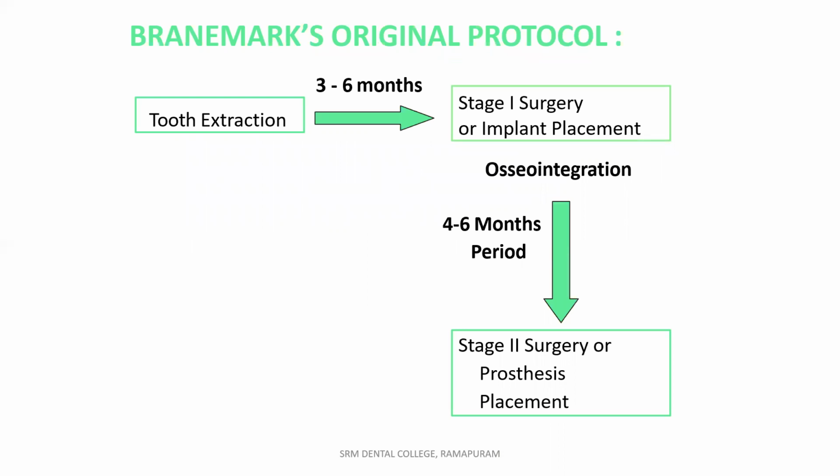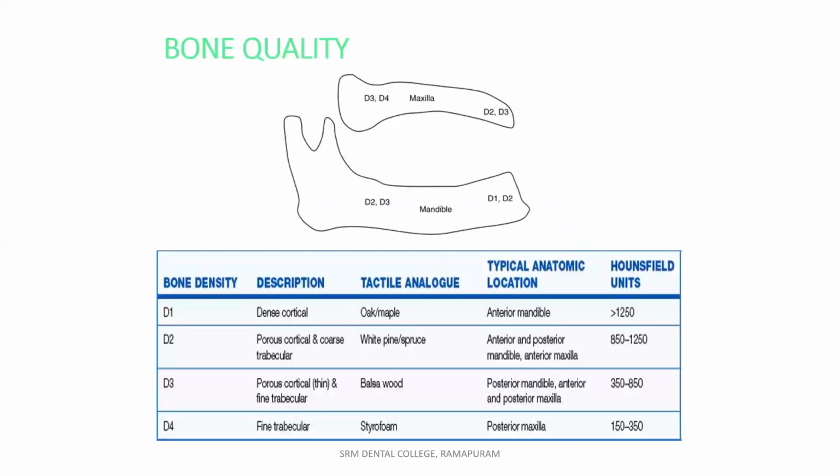So once the tooth has been extracted, according to Brånemark, he suggests waiting 3 to 6 months until the first stage of surgery, or the implant placement. And once that is done, a 4 to 6 month period of osseointegration is advised, then followed with stage 2 surgery.